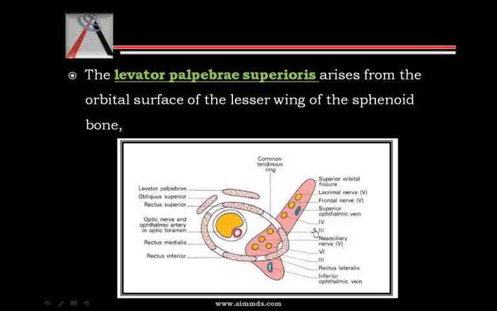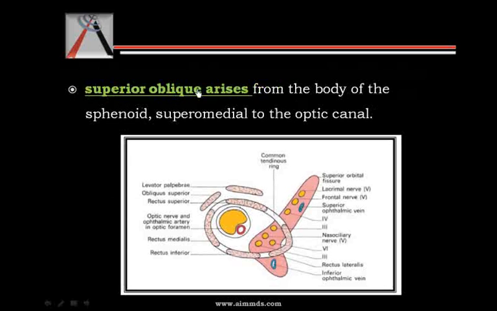We had seen the greater wing of the sphenoid over here, and on the other side of the superior orbital fissure we have the lesser wing of the sphenoid bone, from where we have the origin for levator palpebrae superioris, and this origin is situated anterosuperior to the optic canal. So we can appreciate the position over here. So this is levator palpebrae superioris. Then we have the superior oblique muscle.